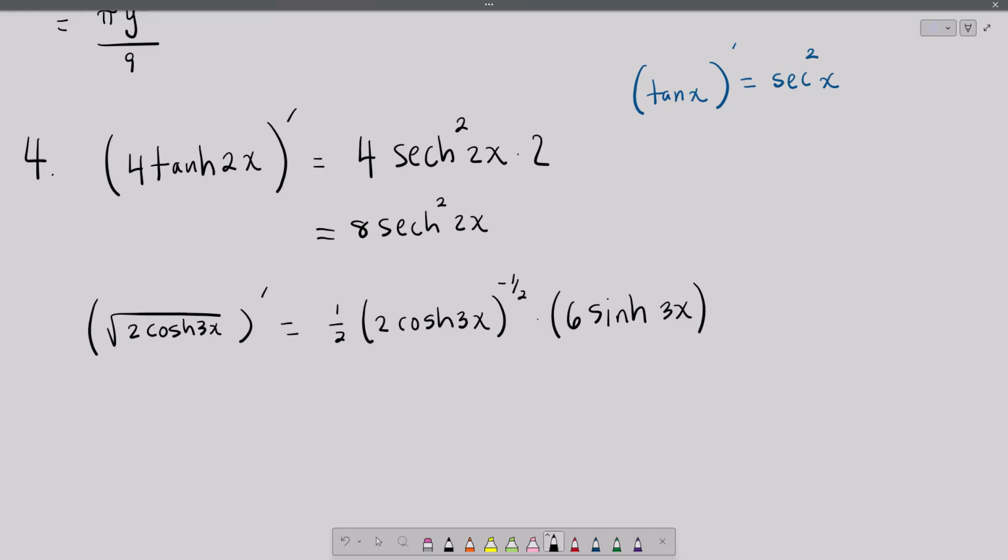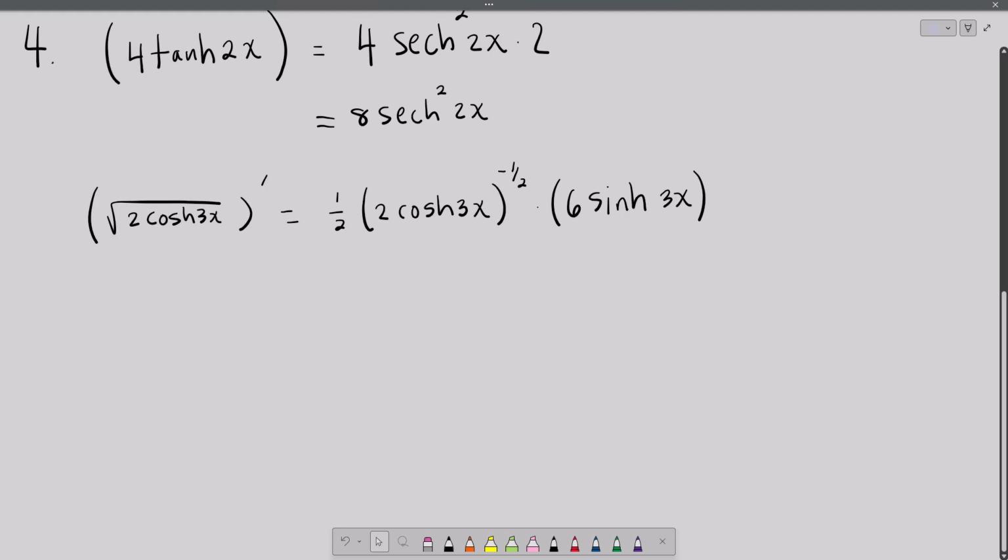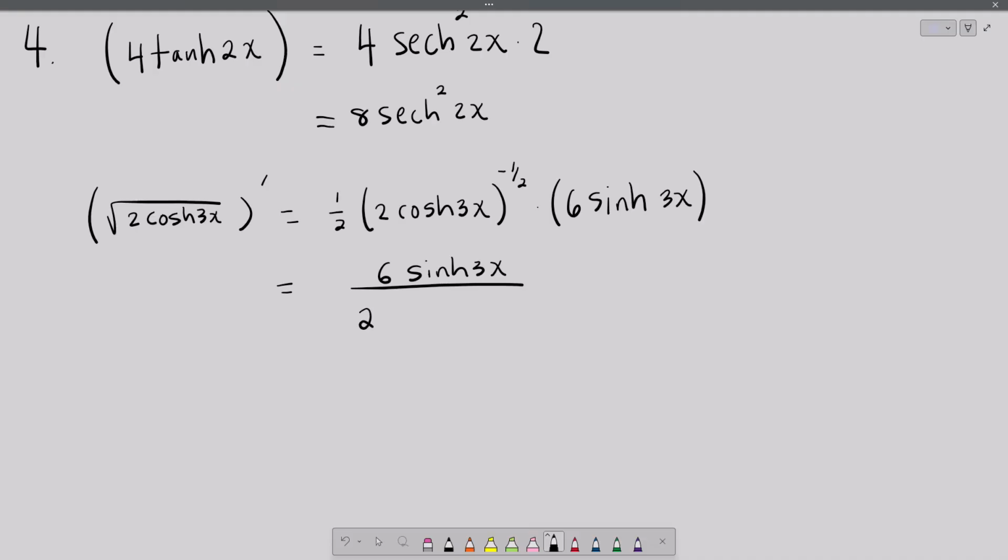So if we want to simplify all this, we're going to end up with 6 sinh of 3x. And then in the denominator, we're going to have a 2 from this 2 here, which we'll simplify even more in a moment. And then this is going to be the square root of 2 cosh 3x. And then the only simplification that is obvious is that.